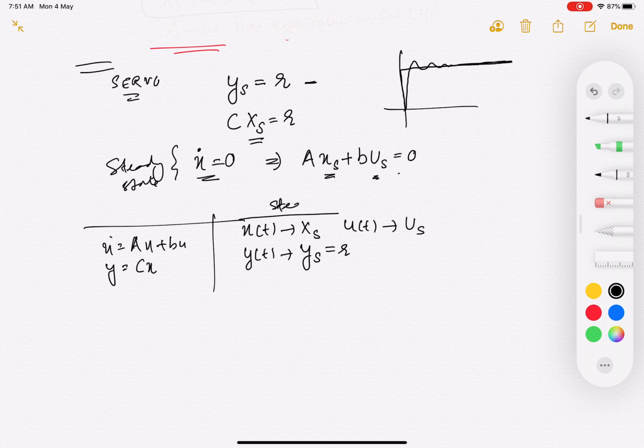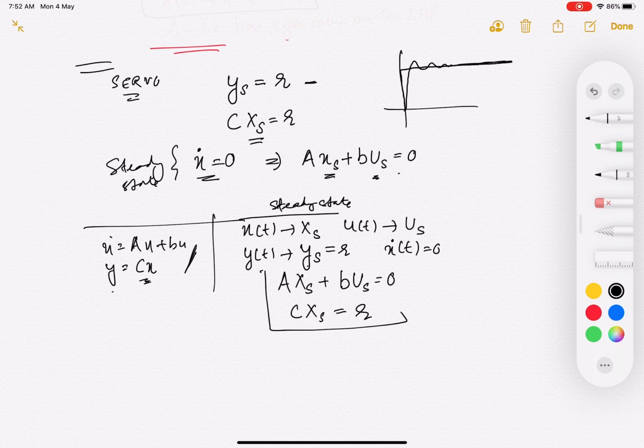So this is the steady state behavior of the system, and from this you automatically get, because your x dot at steady state would be equal to 0, from these two equations you get a xs plus b us equal to 0, and you get c xs is equal to y is equal to ys is equal to r.